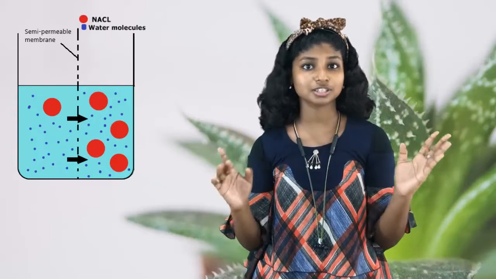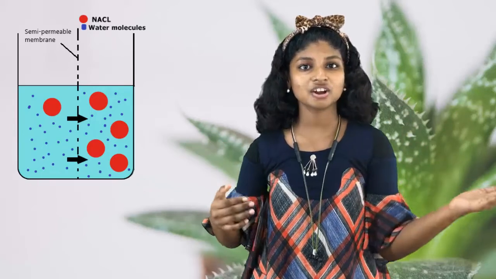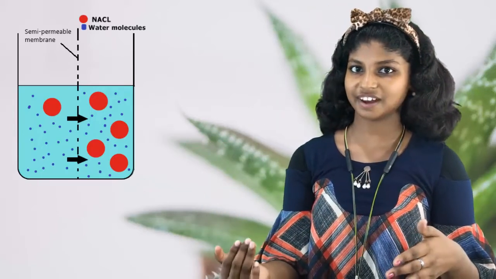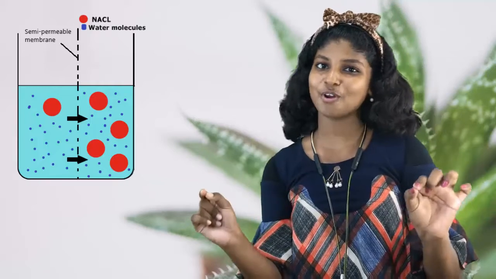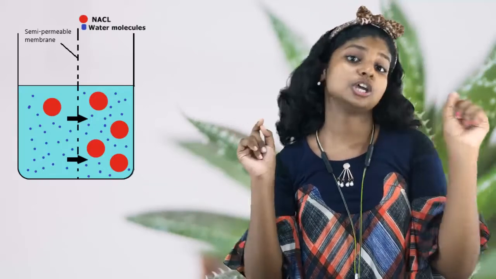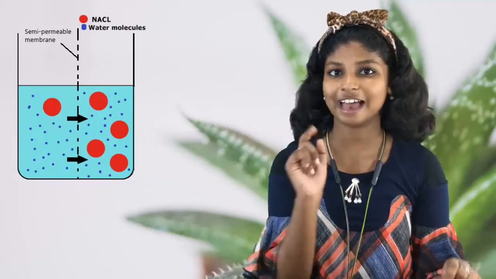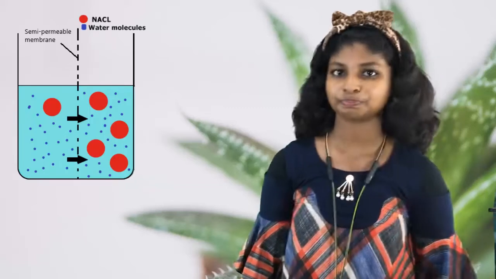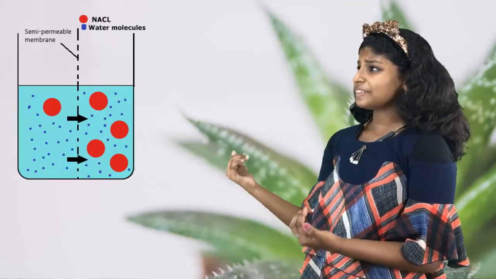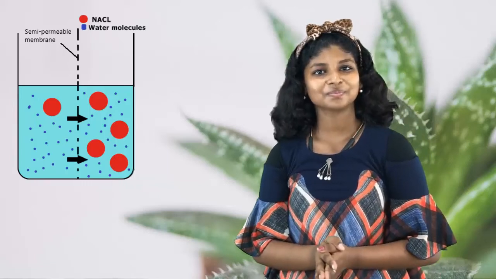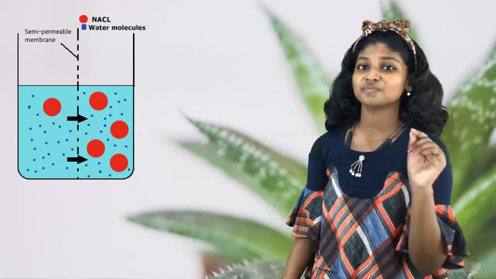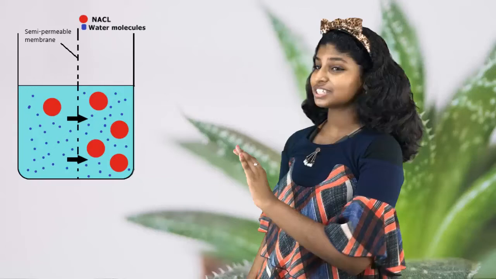You all know osmosis means the movement of water molecules from higher concentration to lower concentration with the help of a semi-permeable membrane. So where would the higher concentration be? The higher concentration will be on the H2O side.